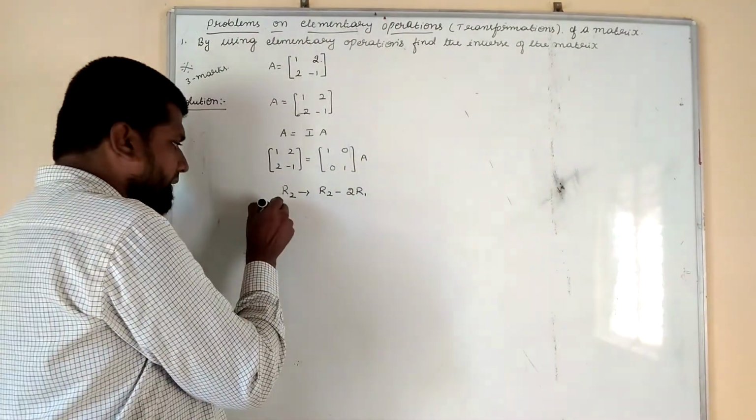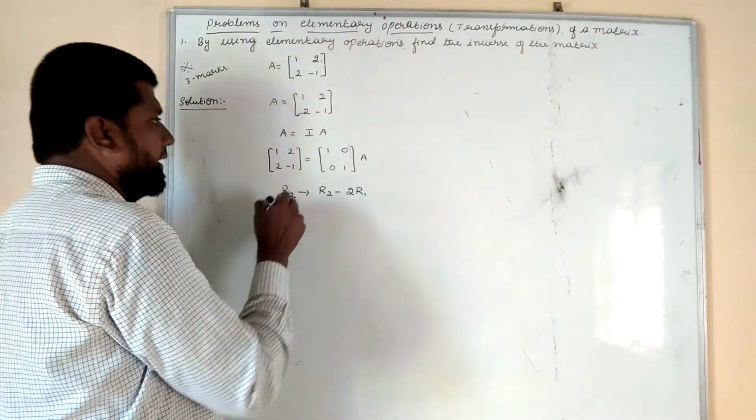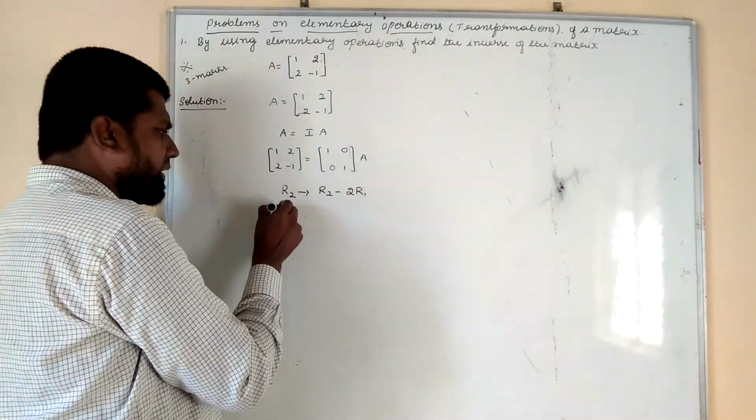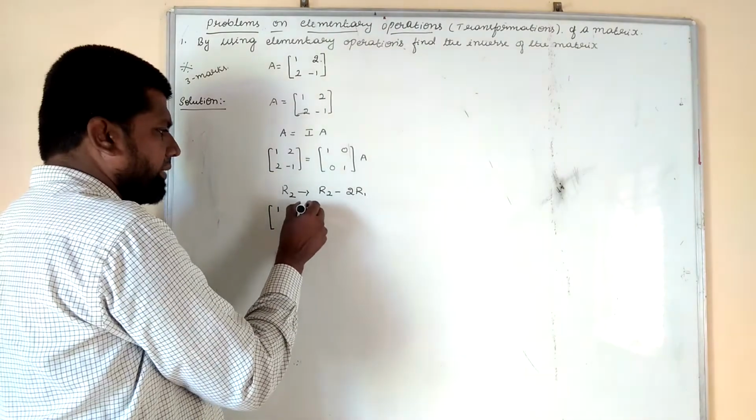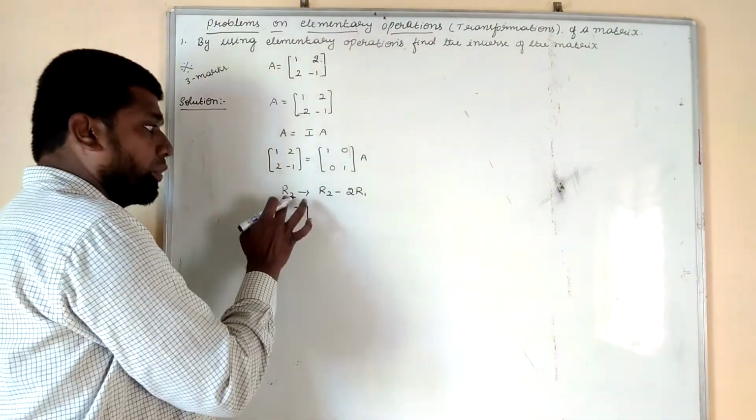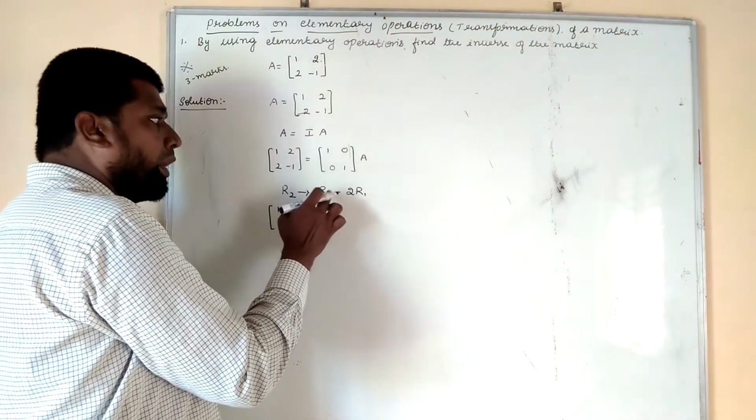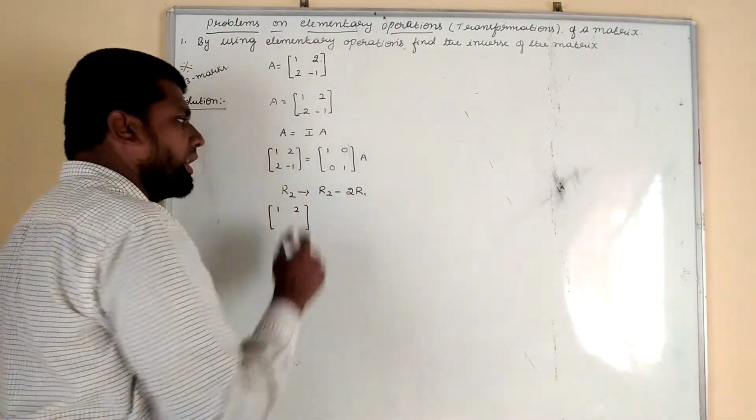Now let us apply this. Row 1 will not change, so write row 1 as the same, 1 2. Row 2 changes to row 2 minus 2R1.